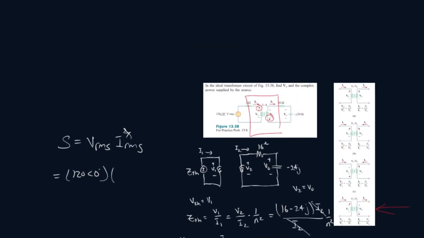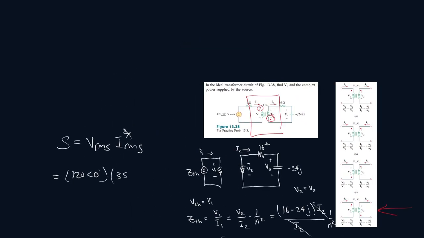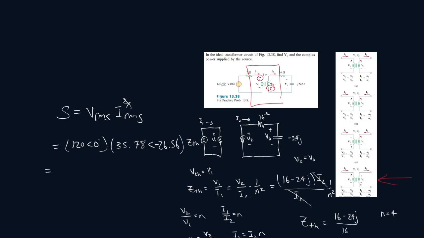So it's going to be 35.78 phasor 26.56, and the conjugate, we just put the negative in the phasor angle, and that's 4293.6 phasor minus 26.56 watts.